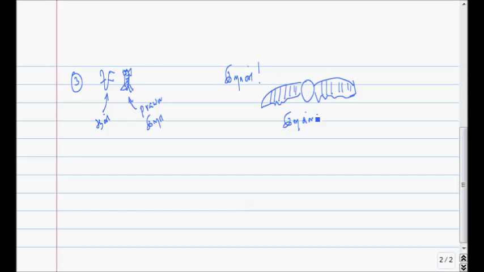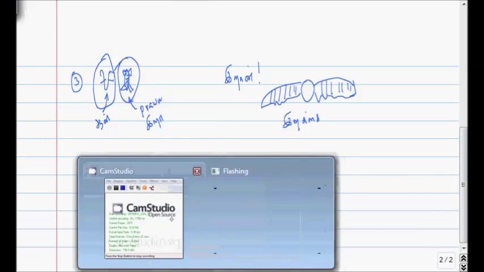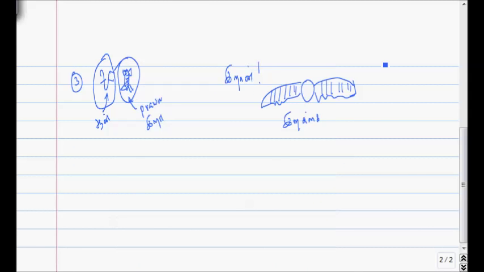Okay, so the third symbol is also very easy to read. Reading from right to left, the first symbol is ira or prawn. The second one is on. Iran, very easy to read, right?